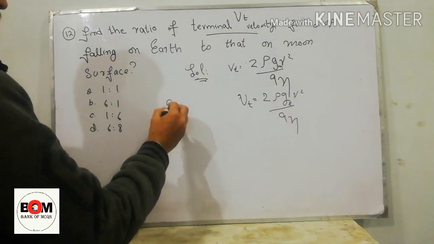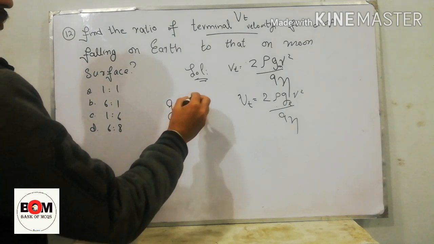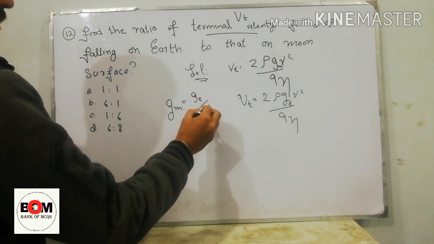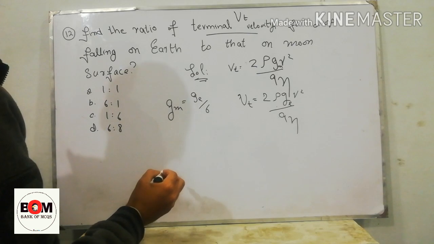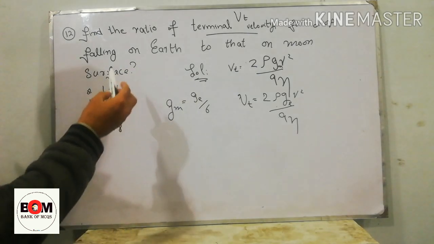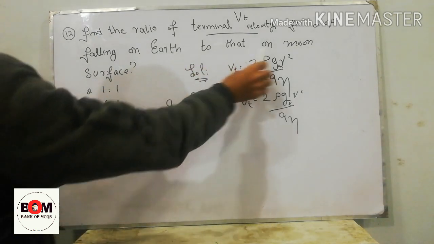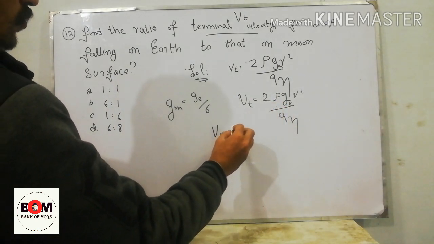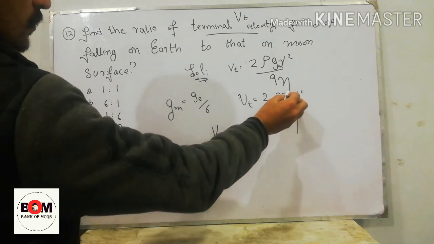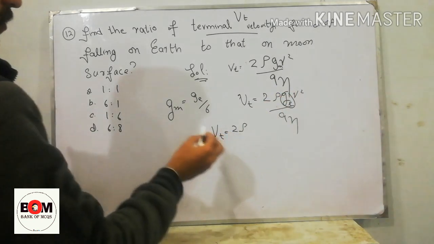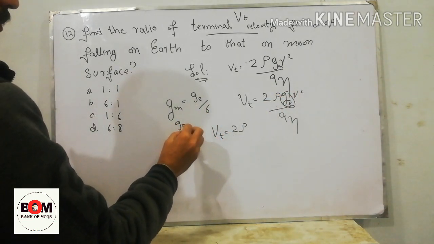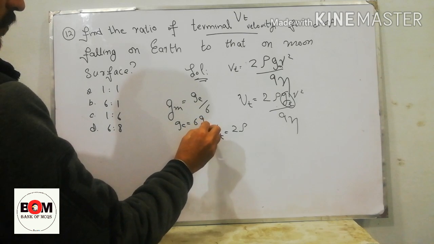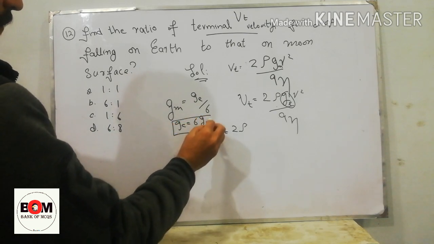Now we know that g on the moon is equal to g of Earth divided by 6. So here we have to find the ratio of Earth to that of moon. Putting for g, g of Earth is 6 times g of moon.